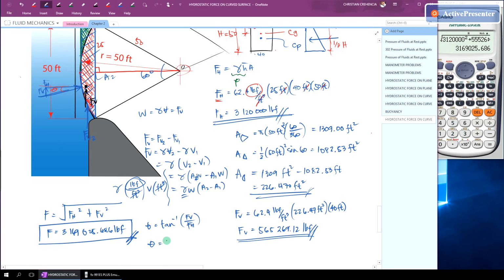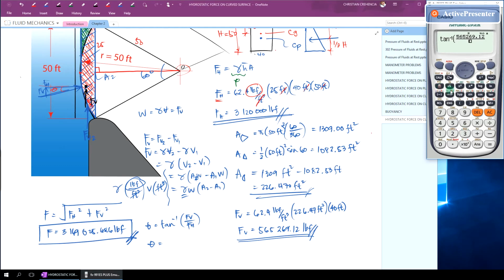Okay. Solve natin dito. Shift tan, arctangent of, so FV is 565,269.12.